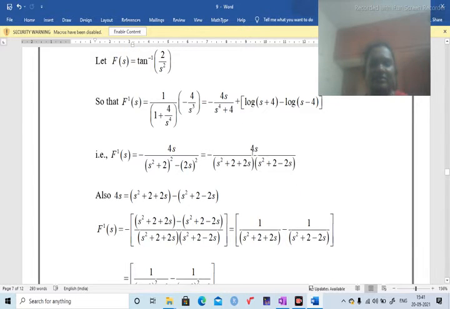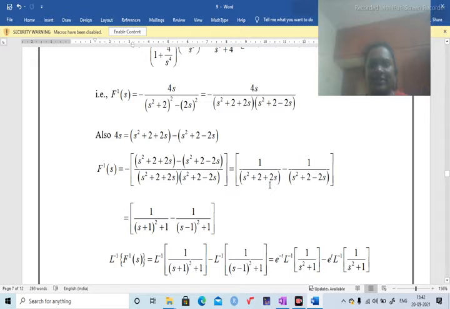Replace 4s with this and take this term, cancel these two and write down minus of 1 by s square plus 2 minus 2s. Again minus, take these terms, cancel these two and write down s square plus 2 plus 2s. Multiply with minus sign, then you are going to get these terms. The denominators can be written like this.